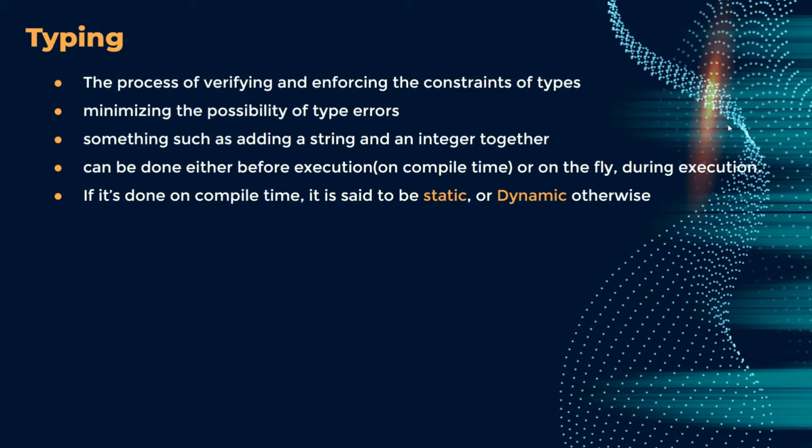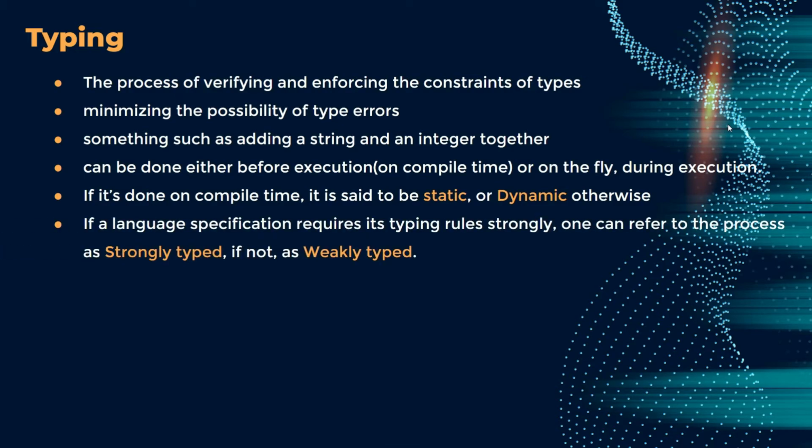When the typing is done during compile time, that is before the execution, then the typing is known as static typing, and the language is known as a statically typed language. Or if it is done during the runtime, that is during the execution, the typing is known as dynamic typing, and the language is said to be dynamically typed. And strongly and weakly typed, based on how strongly a language wants its rules to be specified. We will see these terms in detail in the coming slides.